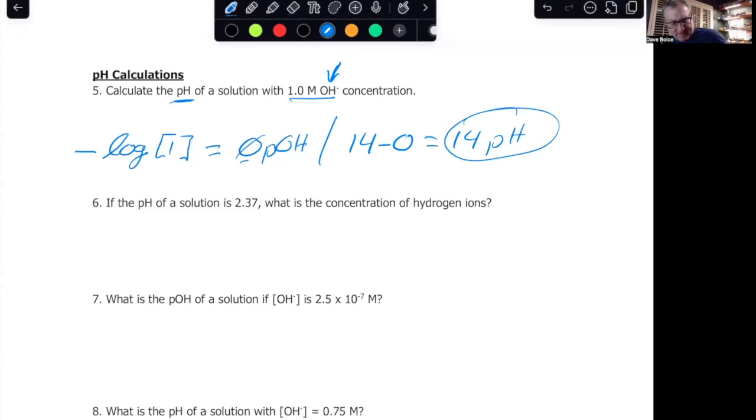Moving on. If the pH of a solution is 2.37, so this is an acid, what is the concentration of the hydrogen ions?